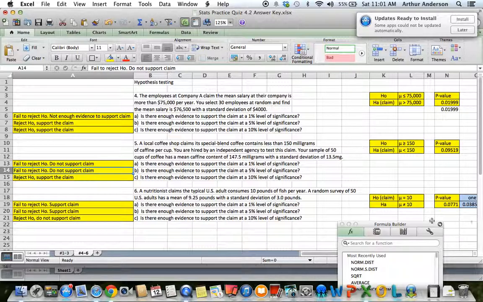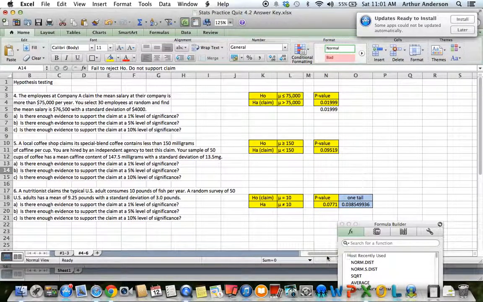So now to find the p-value, we have to slide over to the right a little bit here. To find the p-value, which is approximately 7.7%, we first of all have to find the area in one of the two tails. So as you can see here, I've put in a norm.dist function dealing with 9.25.